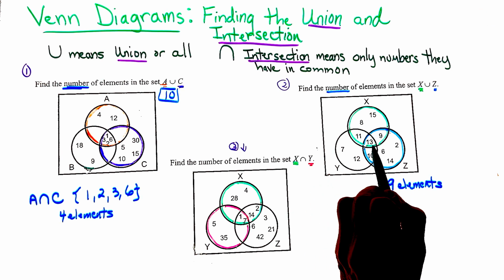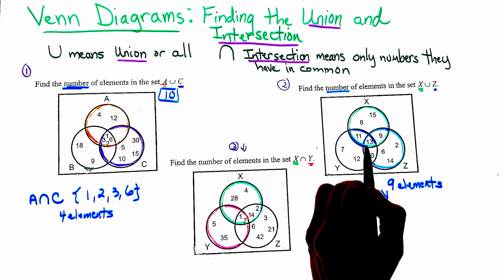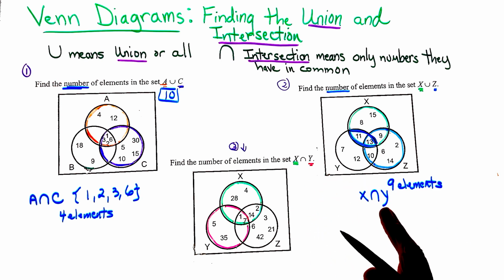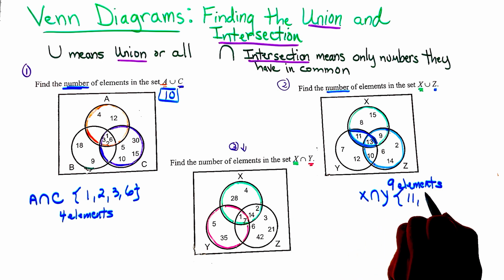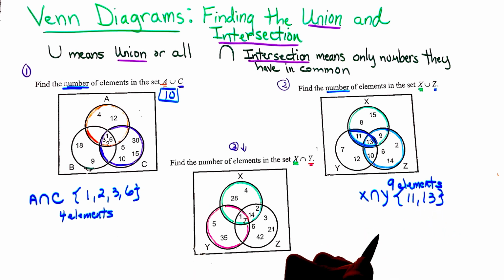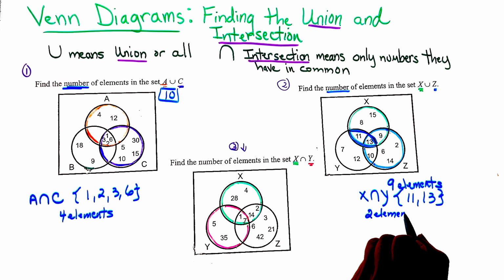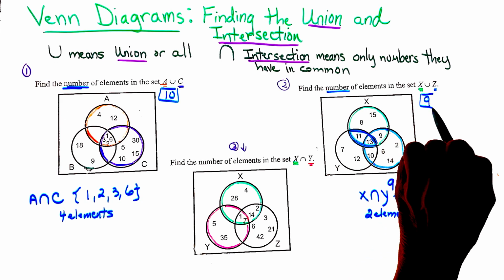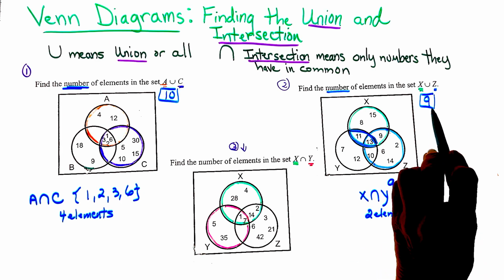Well, you'll notice for the overlap, it would just be this area right here. So we know that when X intersects with Y, we have the set of numbers that's just 11 and 13. And that would be 2 elements for this problem. For the union, we had 9, and I had written it down below, but I didn't write it up above when we were counting it.